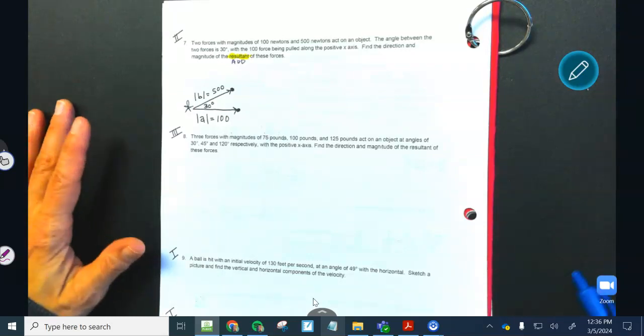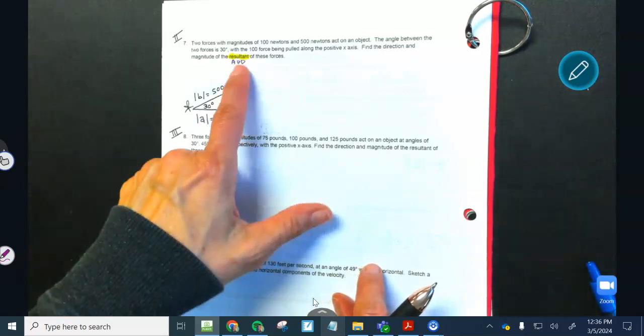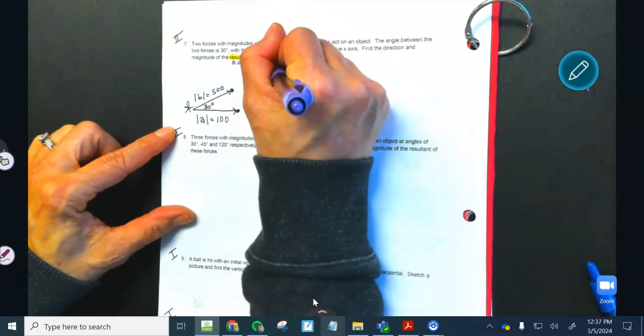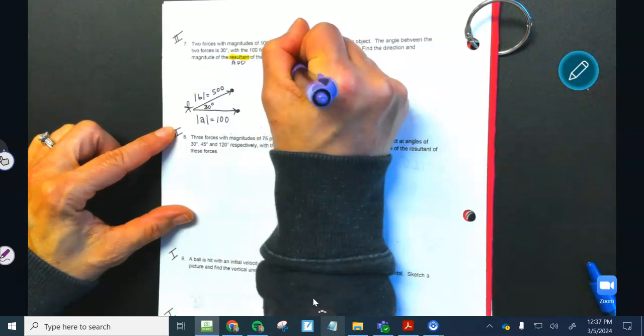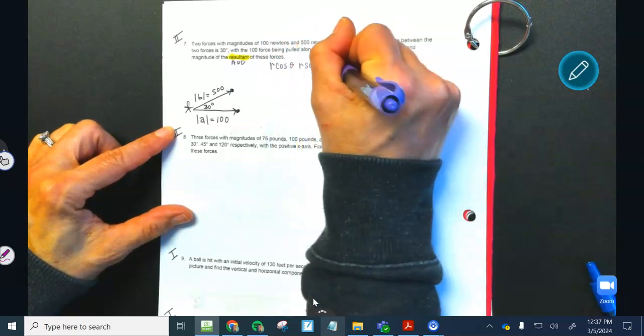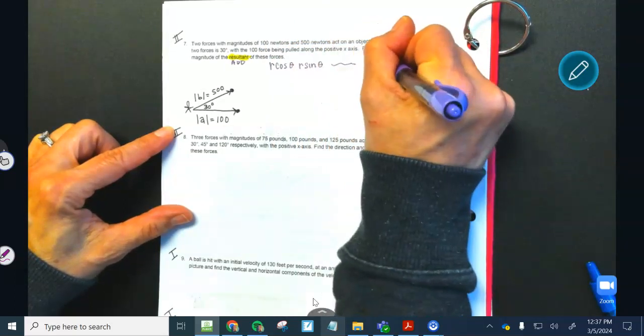Okay. So since we need to find the resultant, we're going to add them, and the only way you can add them is if they are in component form. So the first thing we're going to do is write this form, and then we're going to put it in component form.